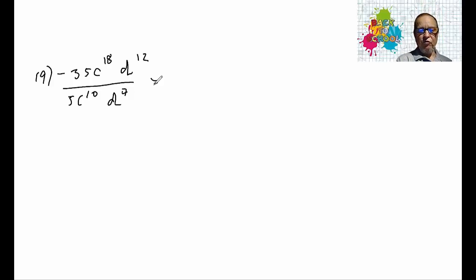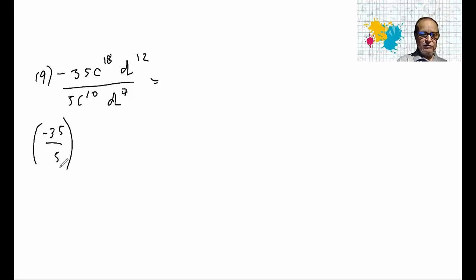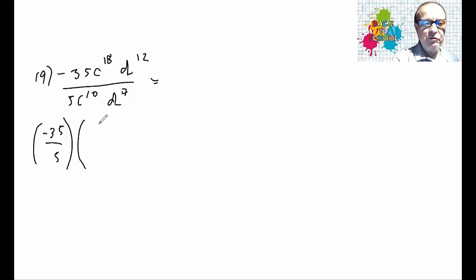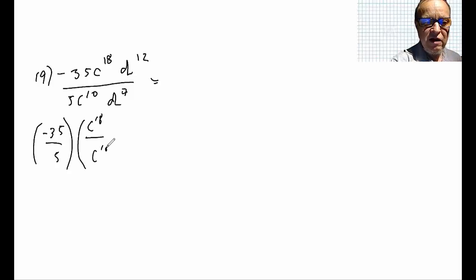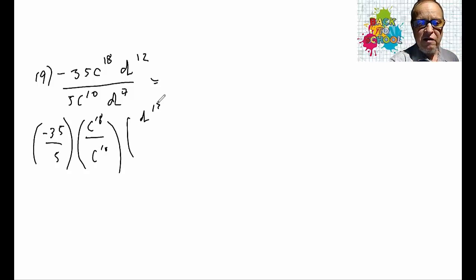And as before, I'm going to put my numbers in one bracket and work that out. And then I'll put my c's in the next bracket. And then I'll put my d's in the last bracket. And then I'll work it out.